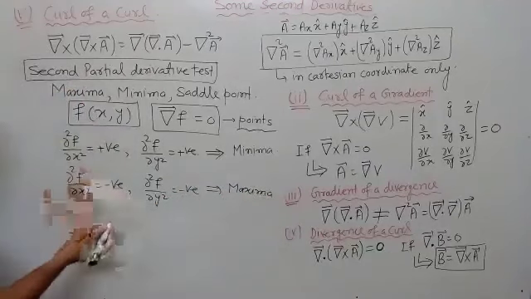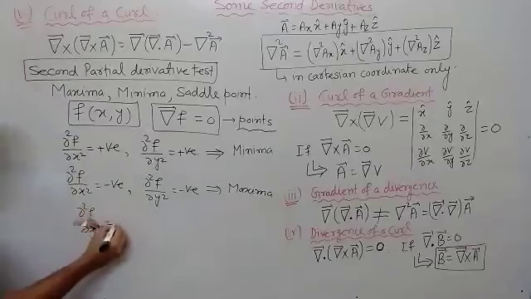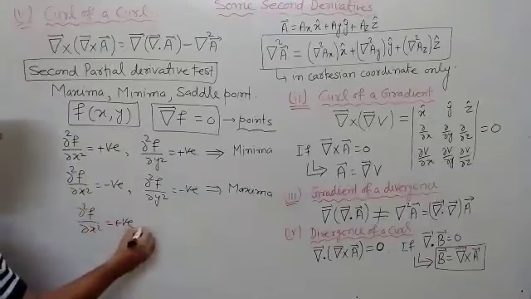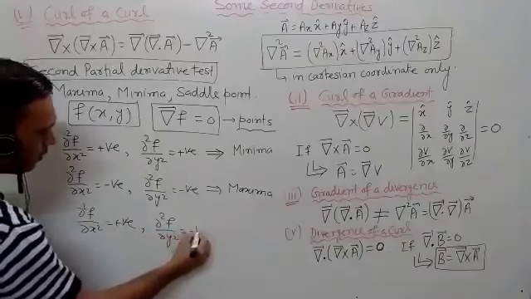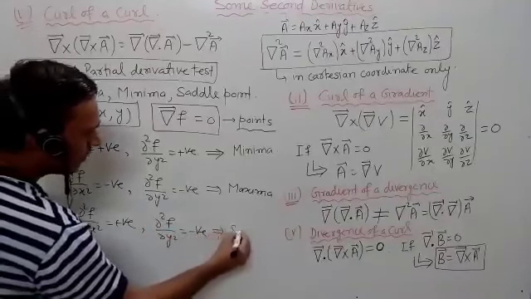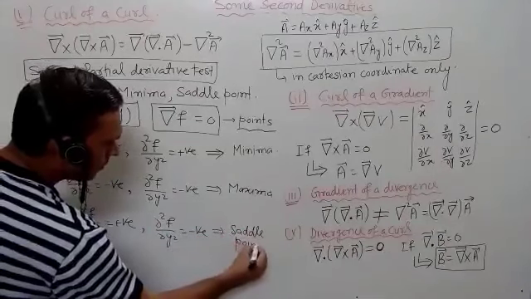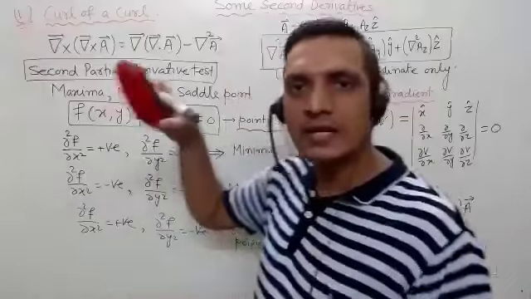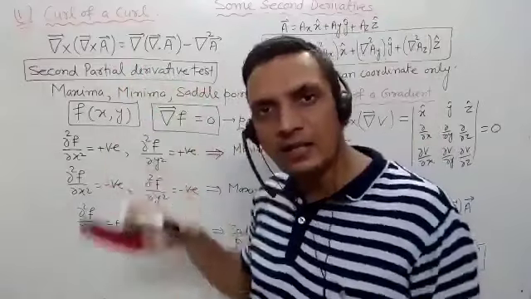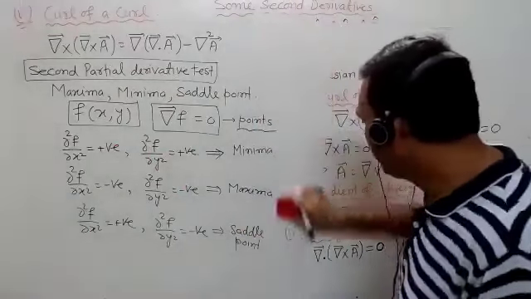When one is positive and another is negative, that is a saddle point. A saddle point is neither minima nor maxima, because in one direction it has a maximum and in the other a minimum. So we call that point a saddle point.